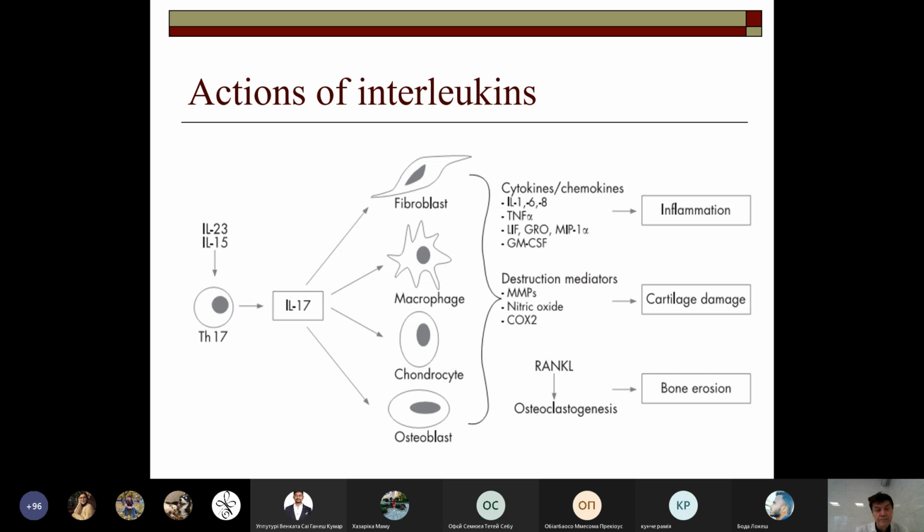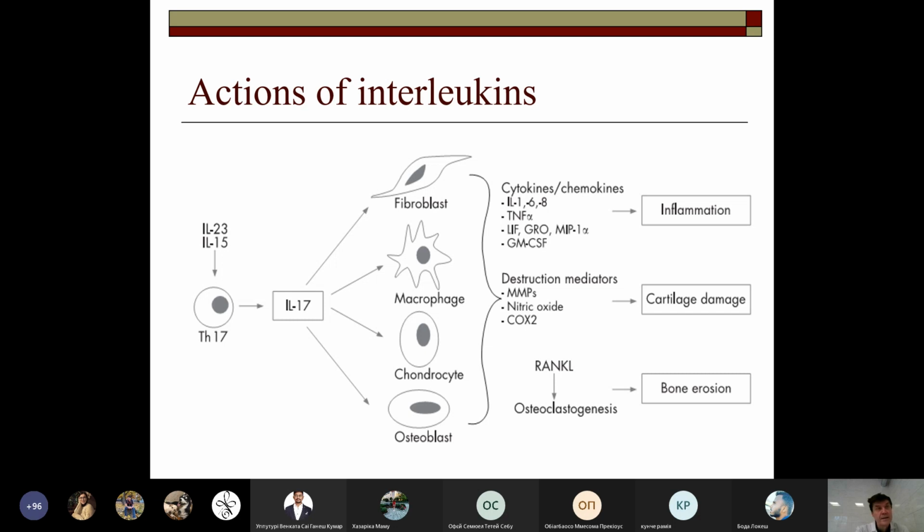So finally, the more we know about Th17 cells, because today we have new drugs with a target against these molecules. I mean interleukin 17, interleukin 15, and interleukin 23.